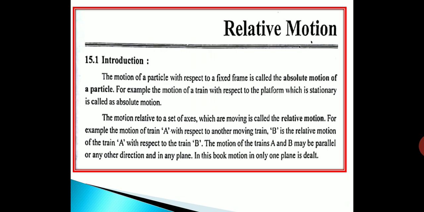So your motion in this case becomes a relative motion. Here we can have relative motion in the same plane, or in different planes, but here we are dealing with relative motion in the same plane only.